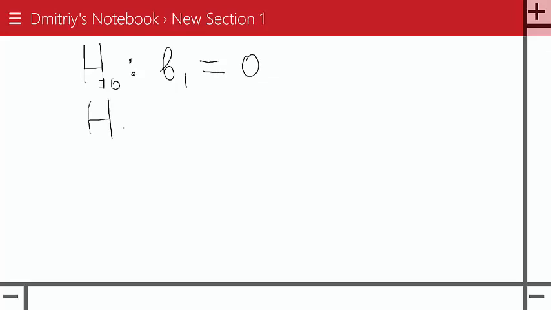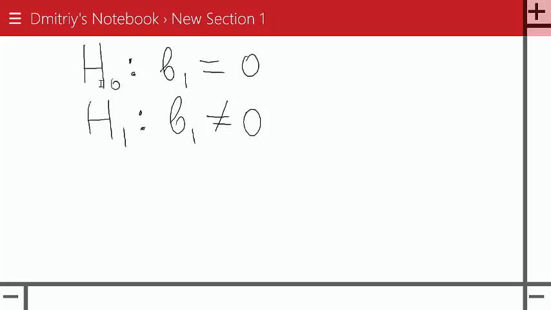And the alternative, let's see how much you remember. If my null says something is equal to 0, what should my alternative say? Anything but 0 means that b1 is not equal to 0, right? Anything but 0, not equal to 0, okay? So, reminder, in statistics, there is such a technique as hypothesis testing, right?